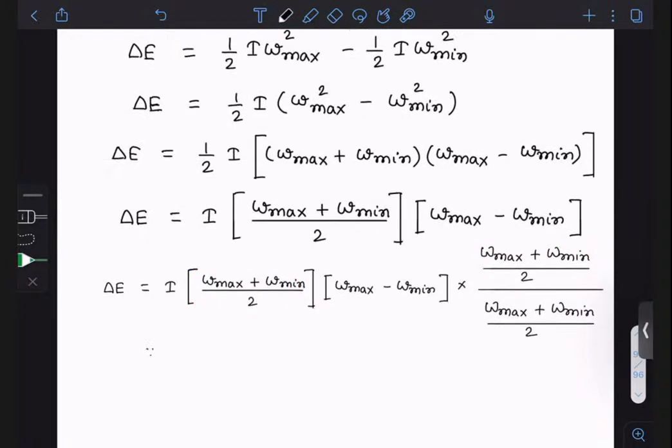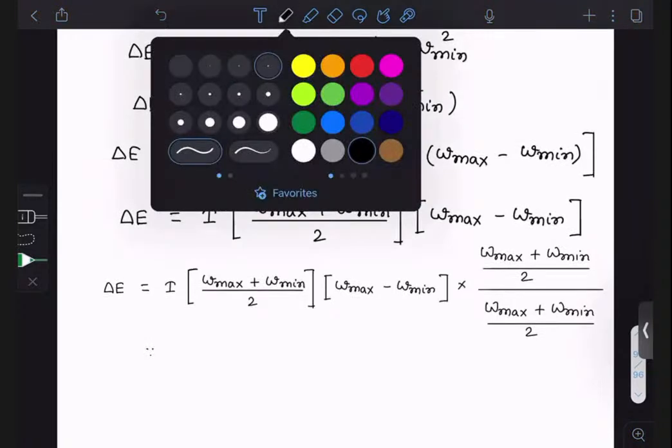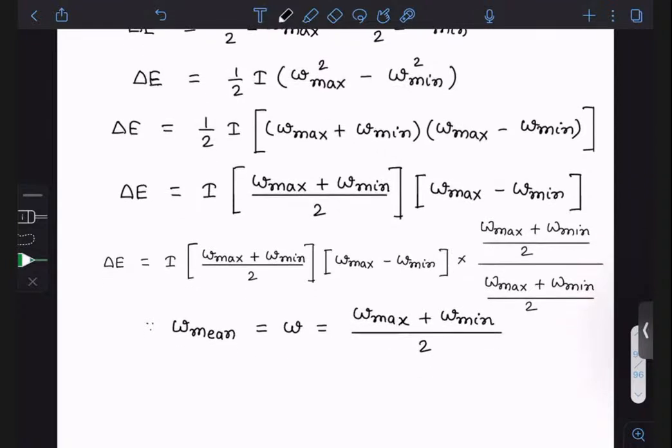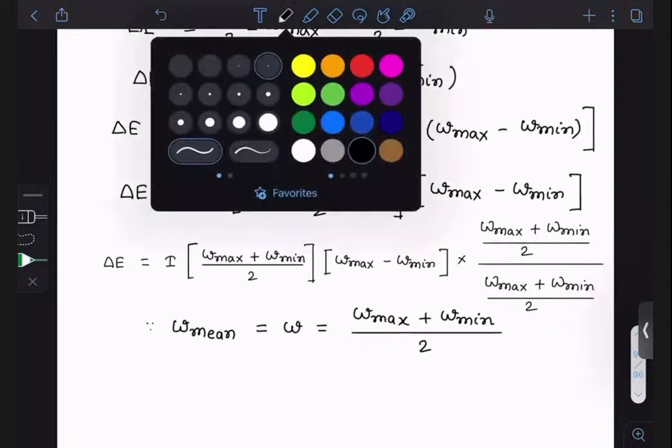You know very well that we denote omega mean as omega, which is omega max plus omega min divided by 2, right?